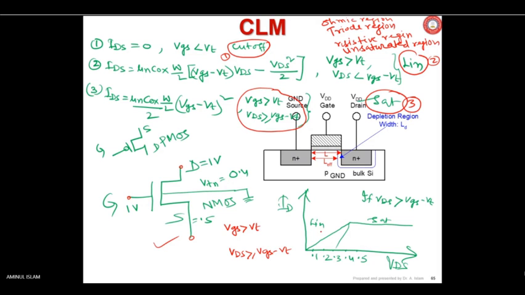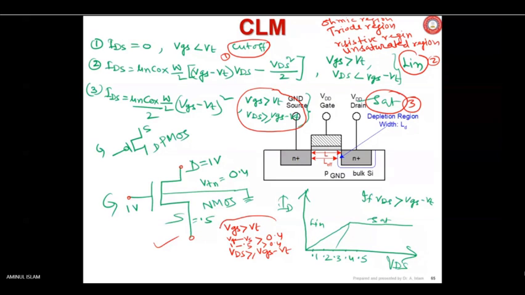Let us check. VGS is what? In this case, VGS means VG minus VS should be greater than VT. VT is 0.4 volt. I have written VG is 1 volt minus source is 0.5 volt, so it is greater than 0.4 volt. Is it true? Yes or no?